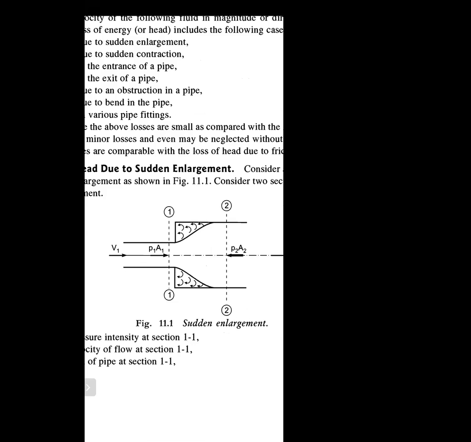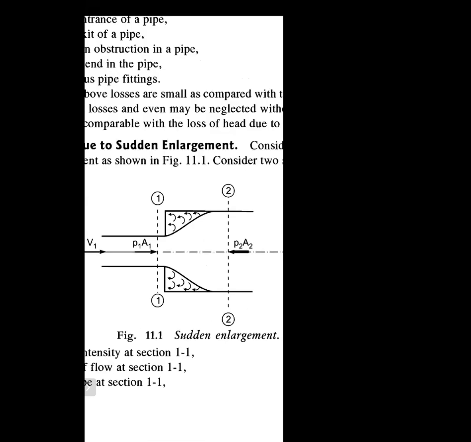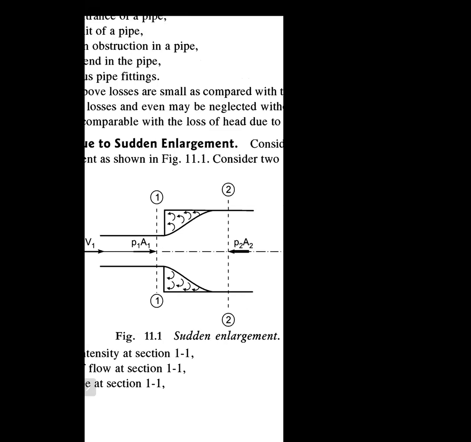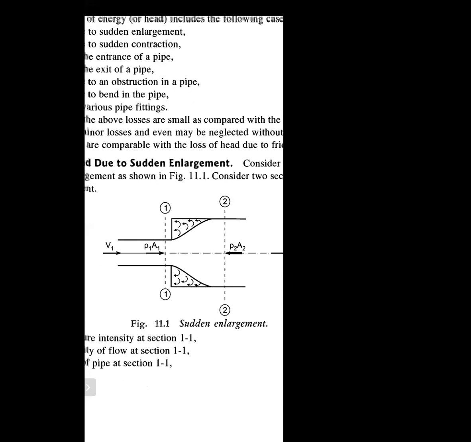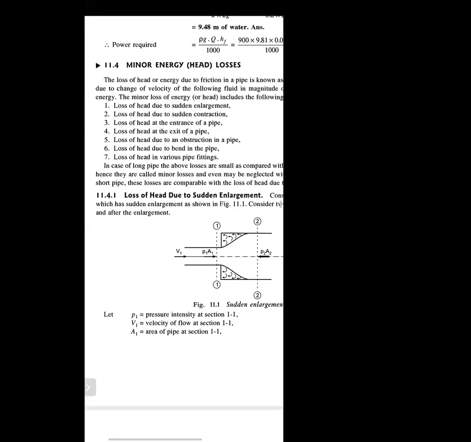The diameter of pipe is enlarged from section 1 to section 2. Therefore, the loss can be calculated as loss of head due to sudden enlargement.